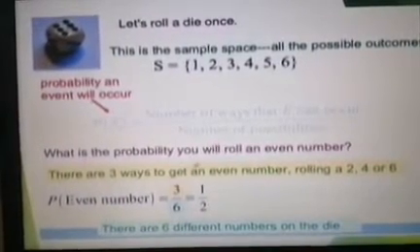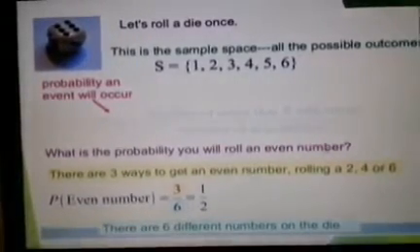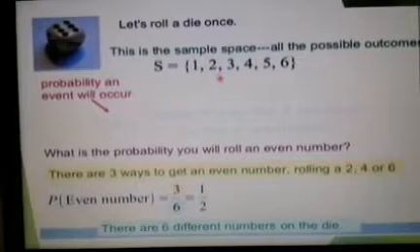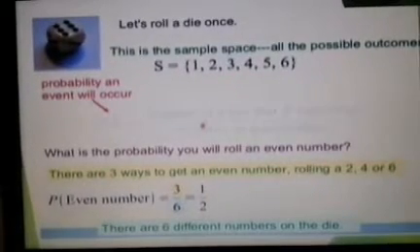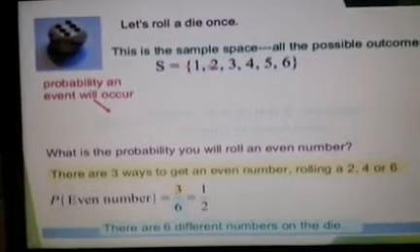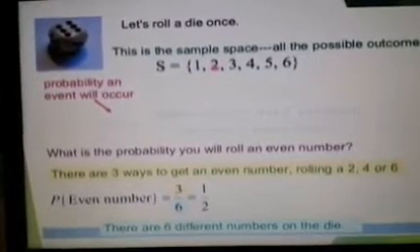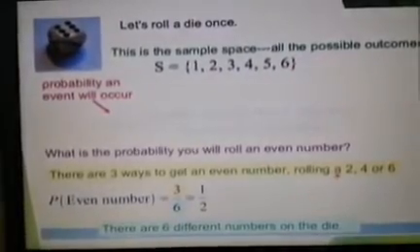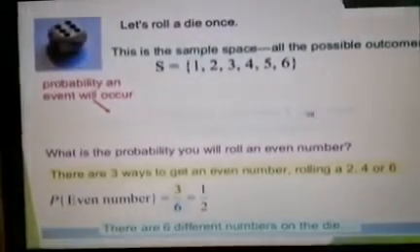Here I've taken one question. What is the probability you will roll an even number? This is the sample space, the possible outcomes. How many even numbers are there? Just check it out: 2, 4, 6. These are the even numbers. So what is the number of ways that E can occur?